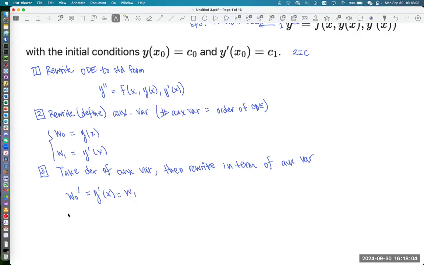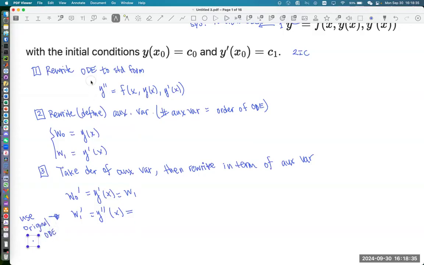And similarly, we take the derivative of W1, which is W1 prime. And W1 is y prime. So y prime, and then taking the derivative, this is y double prime. But we want to rewrite the y double prime in terms of auxiliary variables W. So here, when we get to the highest order, we use the original ODE.